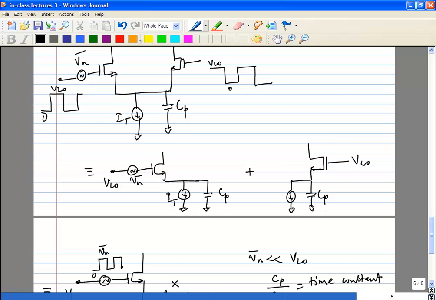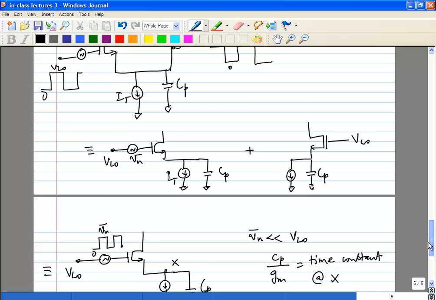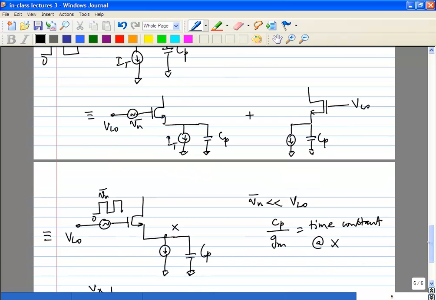So you're going to redraw the same thing as here, except that during this cycle you do have Vn here. During the second half cycle, you don't have any Vn, so this goes to 0. Third cycle, again you have Vn because it's the left side of the circuit, and so on.